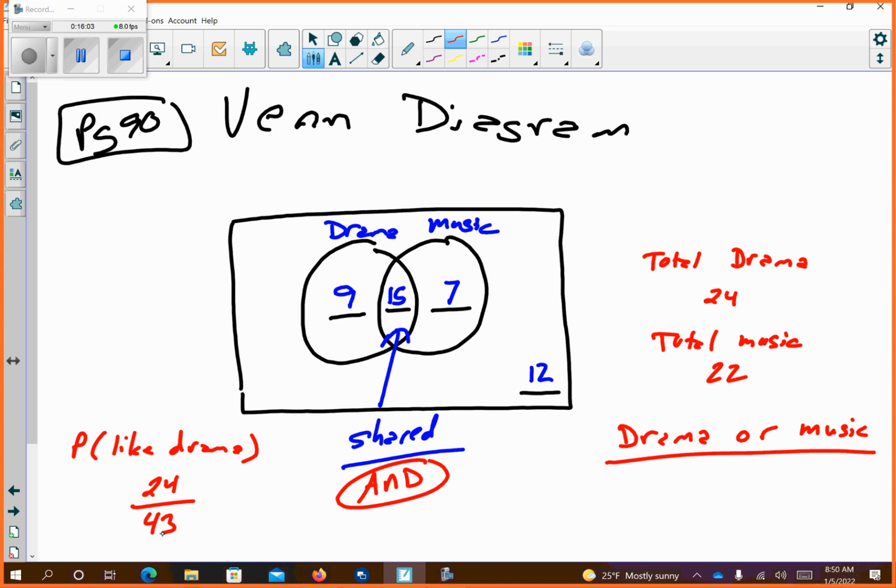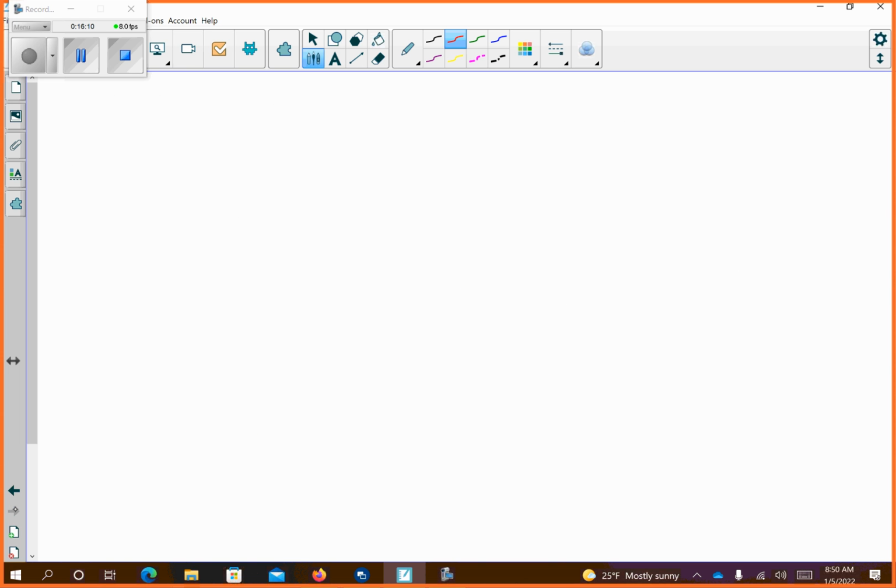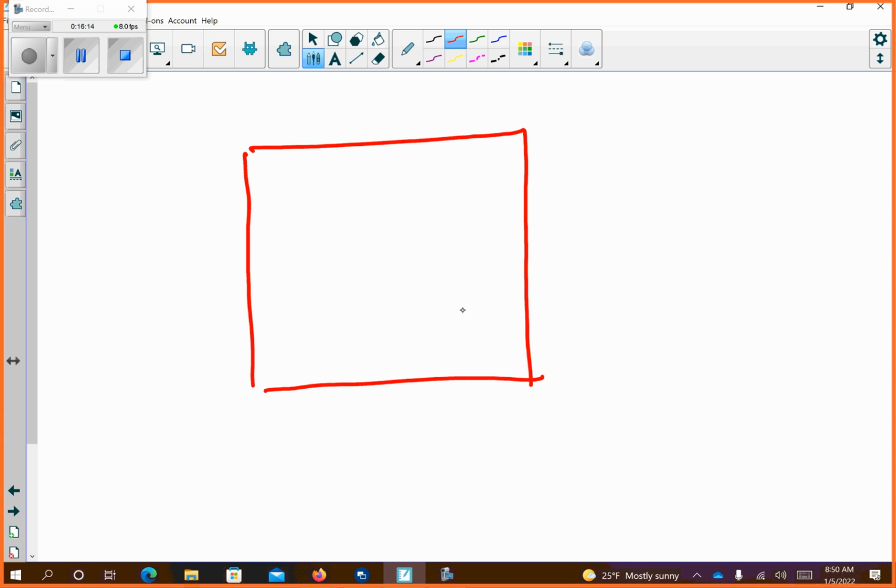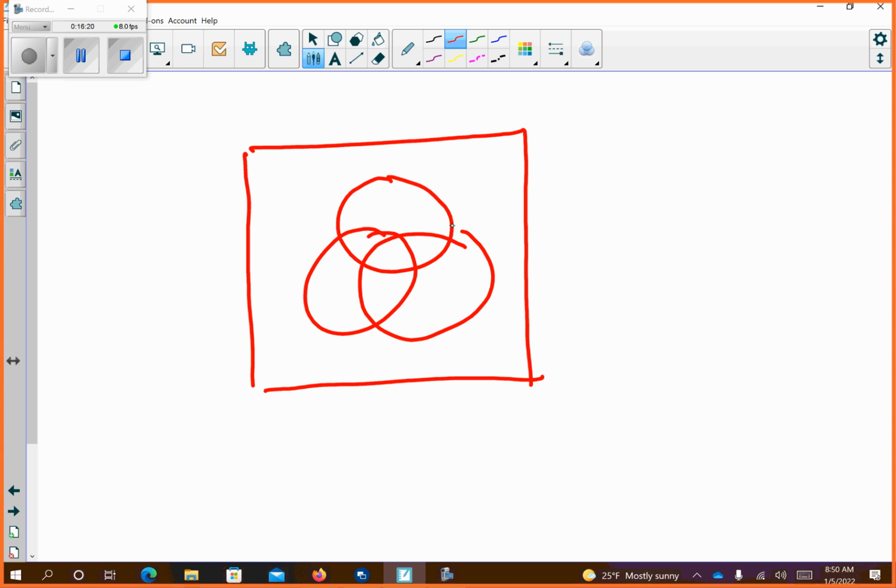Then you get to the 3-circle Venn diagram, which is on page 91. So the 3-circle Venn diagram, you still have some sort of rectangular square is your whole community. So then you do this. So this group here is, so you have Spanish, chemistry, and math.